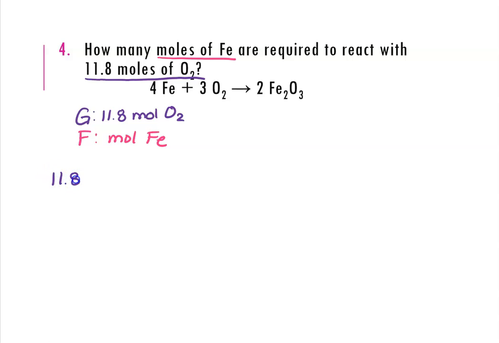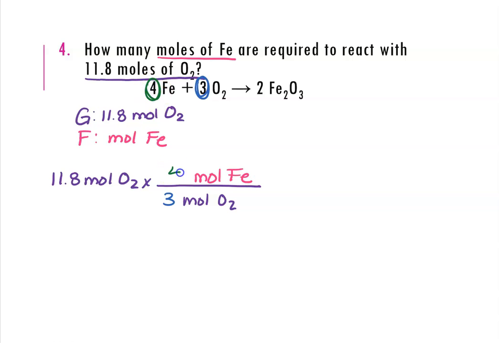So I start with what I'm given, 11.8 moles of O2. And since I'm starting with moles of O2, I'll put moles of O2 in the denominator. And then from my reaction, I see here that there's a 3 in front of the O2. And I'm going to convert this into Fe, so moles of Fe go on top, and I can see here that there is a 4 in front of the Fe. Moles of O2 cancel with moles of O2, and I'm left with moles of Fe.